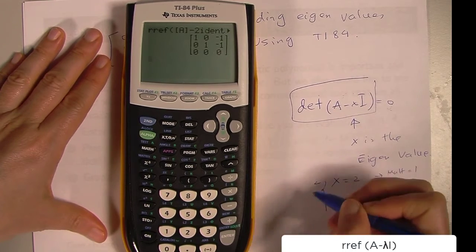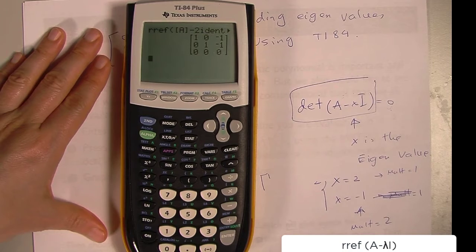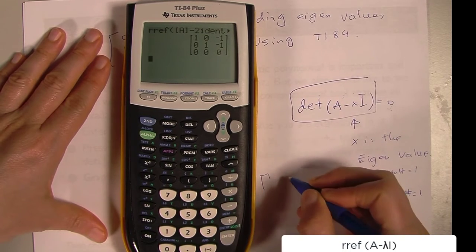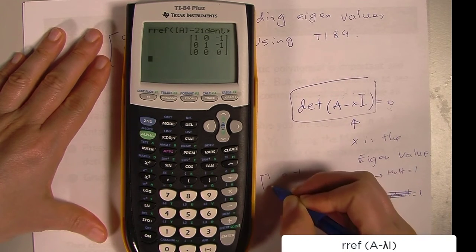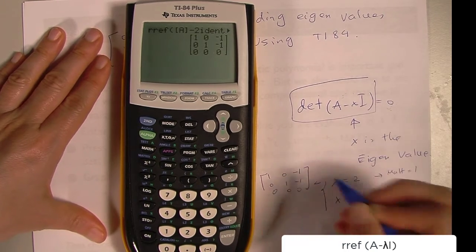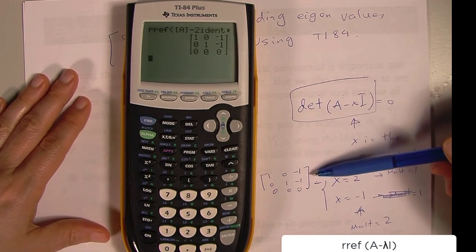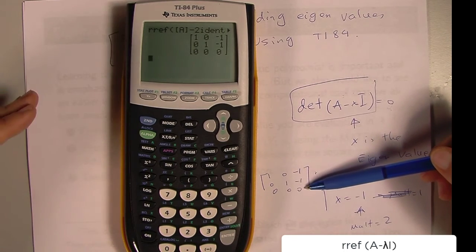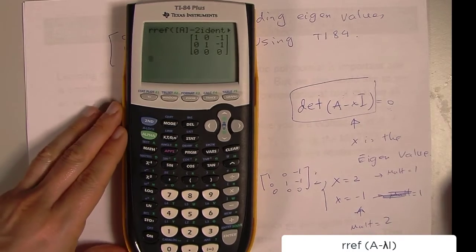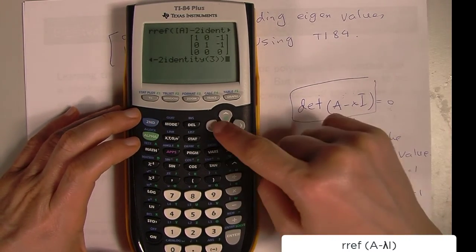And it gives me the value. For x equals 2, the reduced row echelon form of A minus lambda I is 1, 0, -1, 0, 1, -1, which will give me a null space of dimension 1. I could do the same thing.